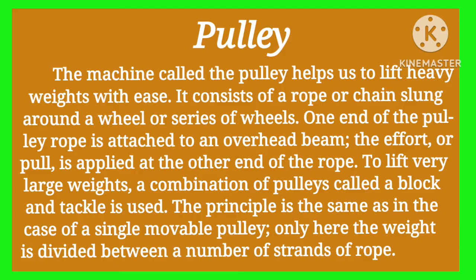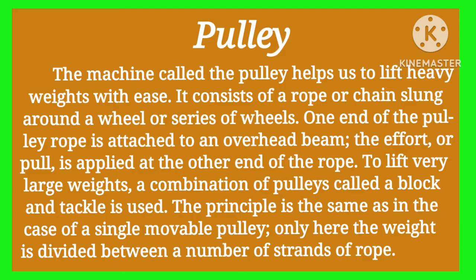The effort or pull is applied at the other end of the rope. To lift very large weights, a combination of pulleys called a block and tackle is used. The principle is the same as in the case of a single movable pulley. Only here, the weight is divided between a number of strands of rope.